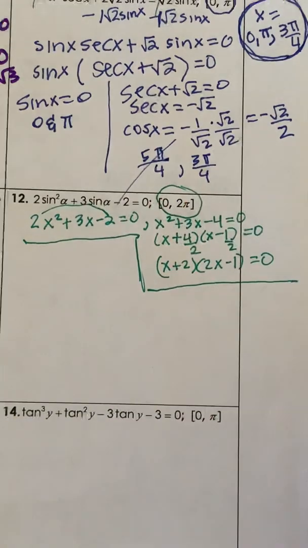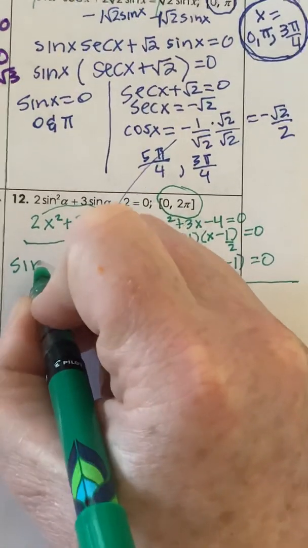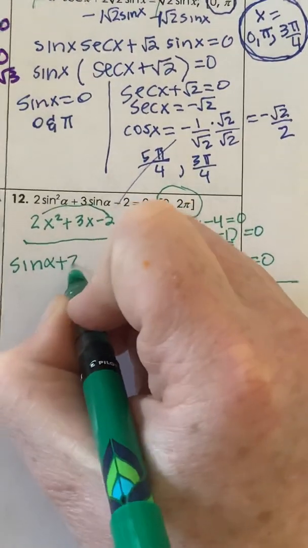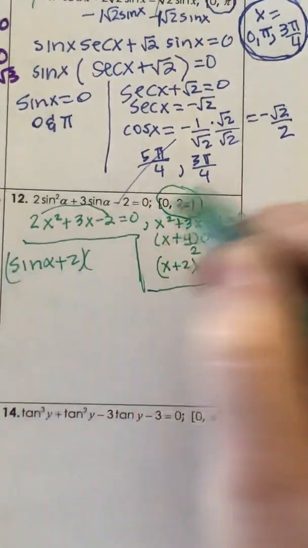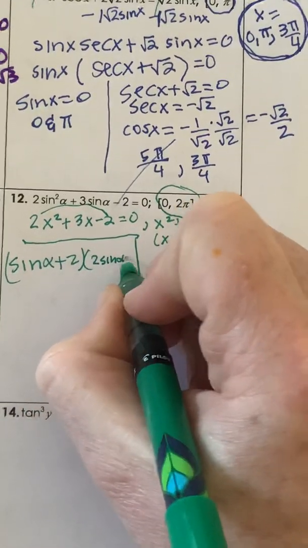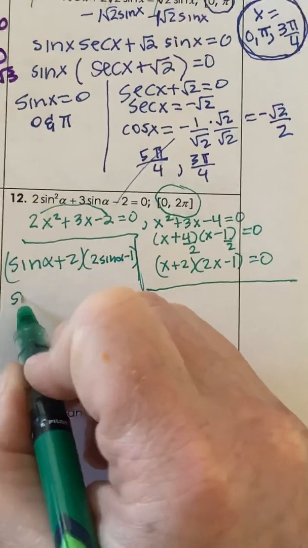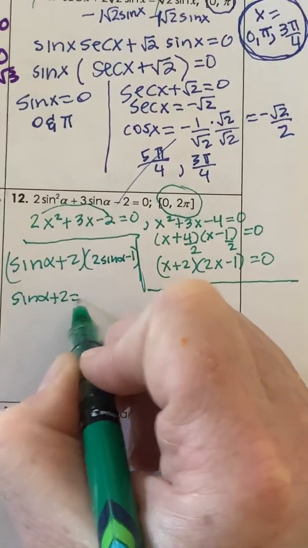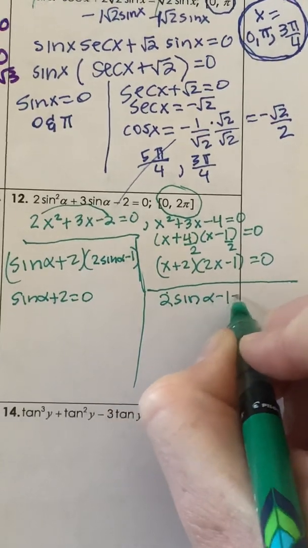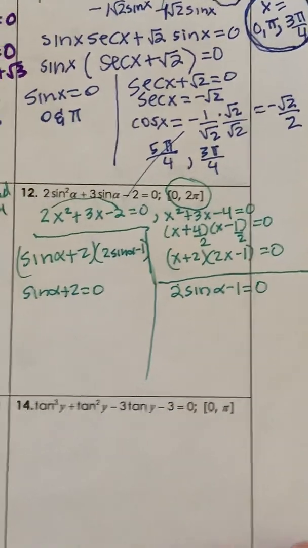Okay, so that would give me sine alpha plus 2, 2 sine alpha minus 1. So I'm going to split them up and solve.